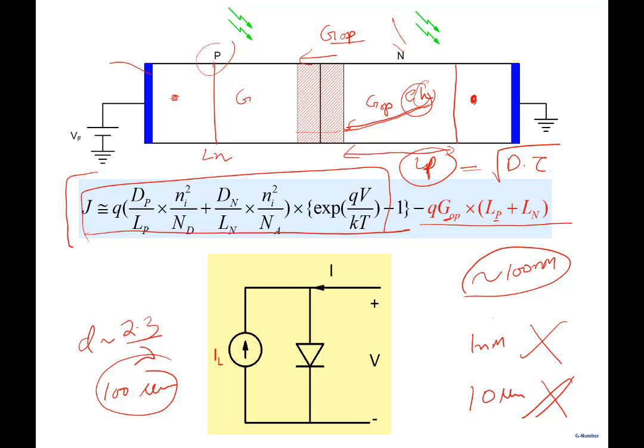So diffusion length has to be very large, which means, D is a constant, it doesn't change much, so you want lifetime to be very, very high. And high lifetime actually means very few impurities. We have discussed it's all the defects and impurities. So you want a very, very pure material with large diffusion length. So that has to happen.